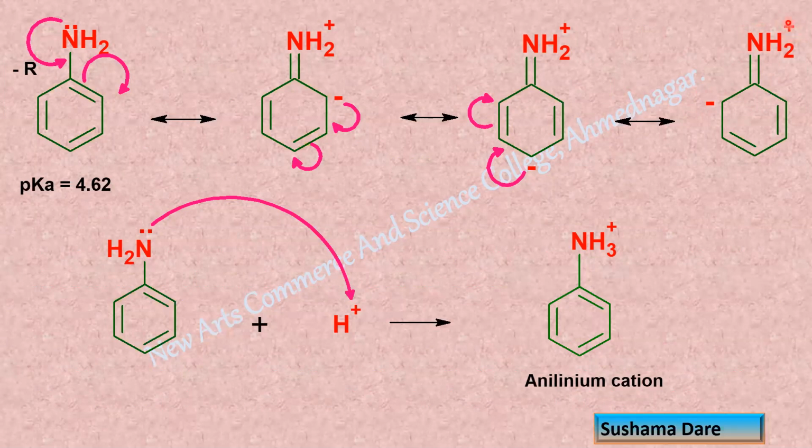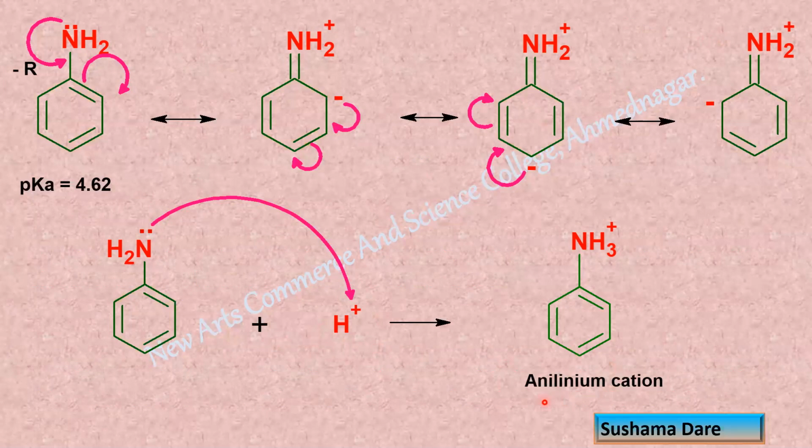This plus sign indicates the electron pair is not with this nitrogen, now it is with the aromatic carbon. Due to that, when the nitrogen atom has to donate its electron density to a proton, this donation is not readily possible. Because of that, the donation of electron density to a proton is a slow process and hence it is a weak base.